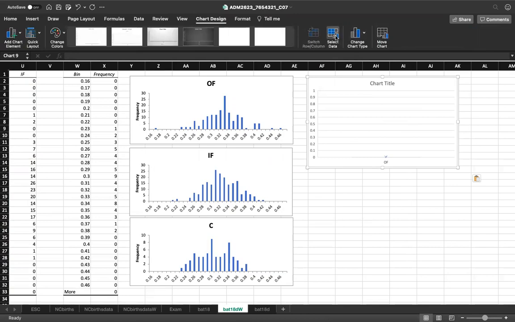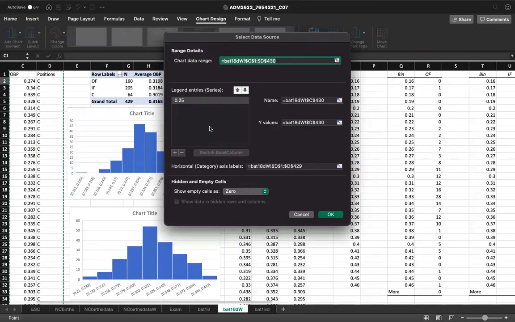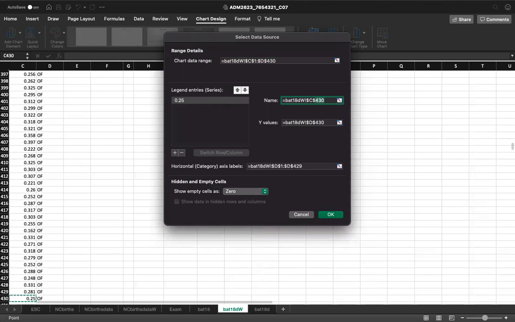Let's look at the select data. So what is it taking? So the y-axis value comes from here, C. Okay, I come here.